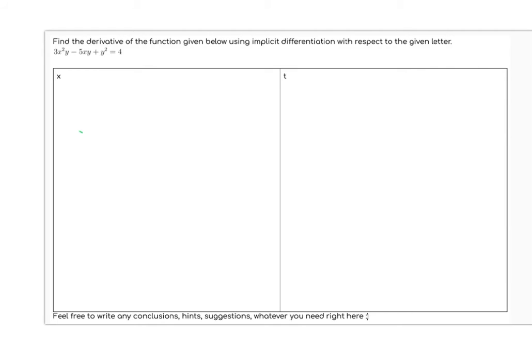The first is what we're learning new today, which is this implicit stuff, the y prime stuff. The second is that between each of these pieces, we're multiplying things, so we have to use the product rule. I'm going to show us how to find the derivative based on x, and I'll leave you to find the derivative based on t on your own, which is the second piece of this.